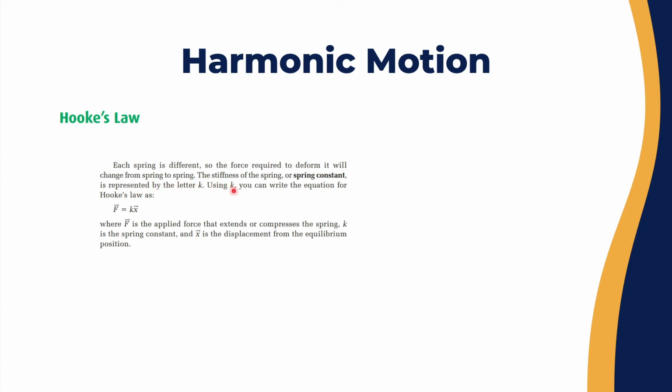We annotate the spring constant as K, and Hooke's law is represented mathematically as the force equals the constant of the spring K times the spring displacement X. So F is the applied force that extends or compresses the spring, because the force could be pushing or squeezing the spring or pulling it away. K is the spring constant. X is the displacement from the equilibrium position.